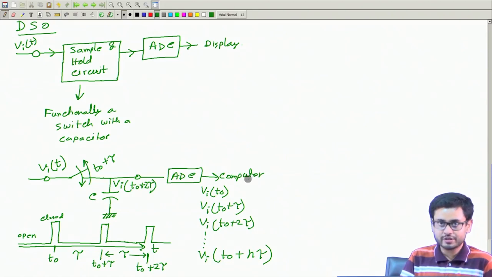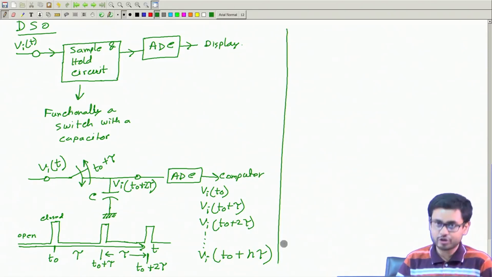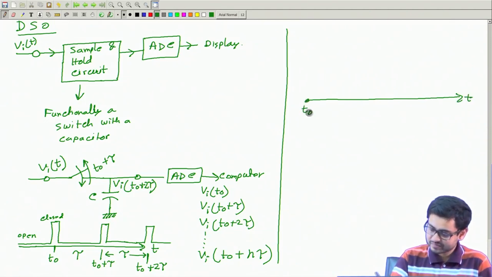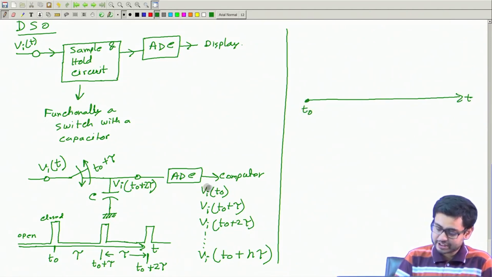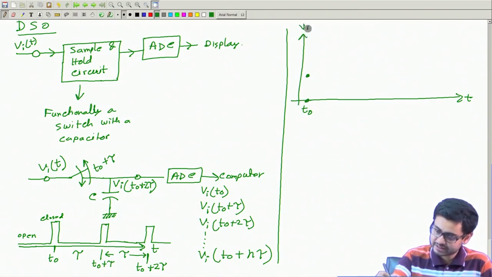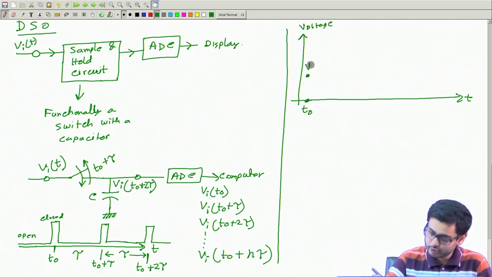So what will the computer do? It will now draw a plot on the screen like this. So on the time axis, at t naught, the voltage was measured to be Vi(t naught). Let this be the voltage axis. So it will draw a point whose value is Vi(t naught).